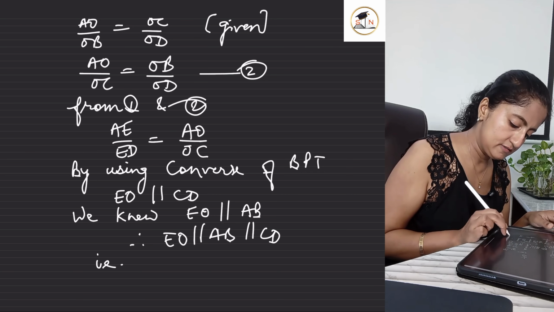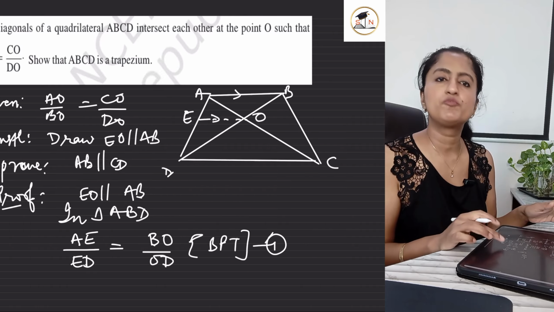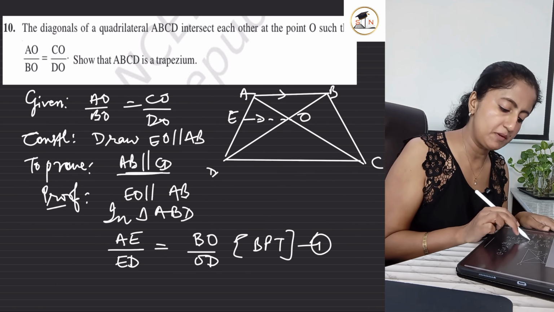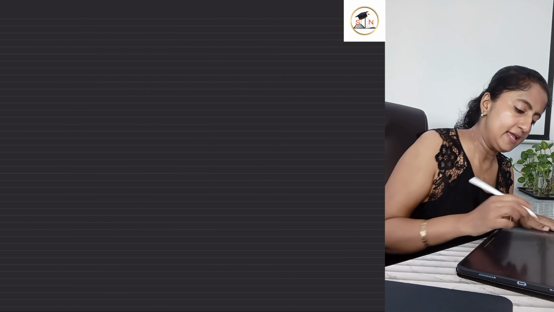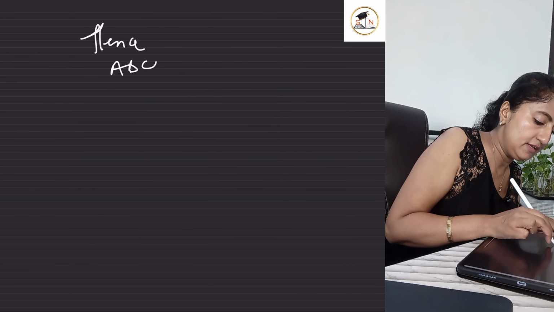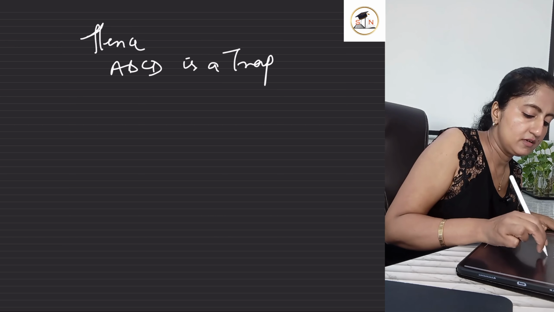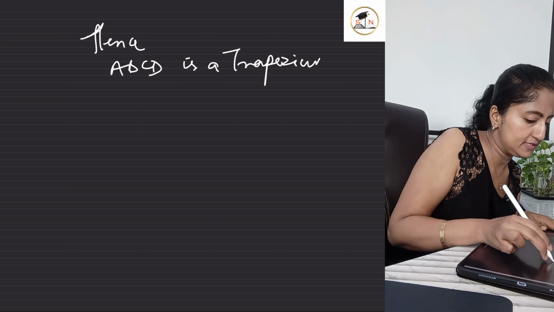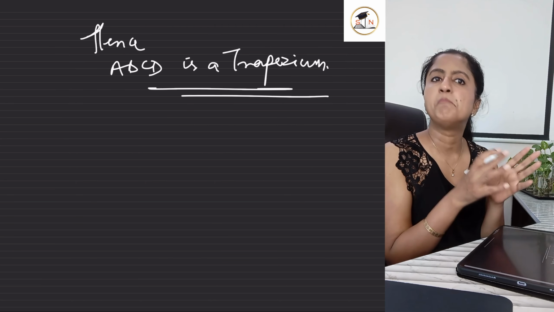That is AB parallel to CD. हमने टू प्रूफ में ये लिखा था that AB has to be parallel to CD, and this is what we proved. Hence, ABCD is a trapezium. Conclusion by writing this line is must.